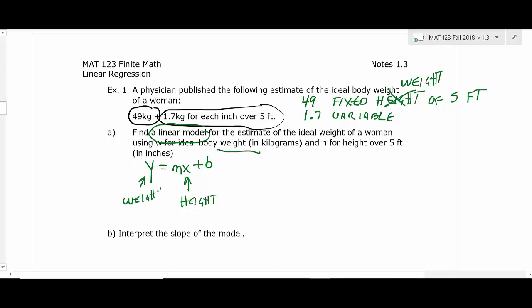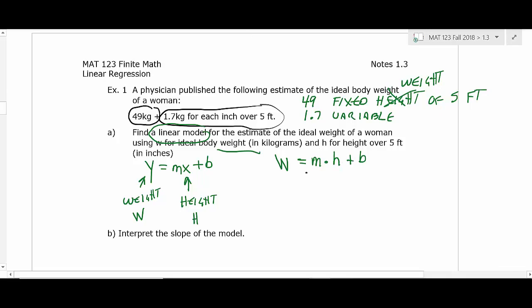So what we would have for our equation is w, the ideal weight, equals m times h, lowercase, and then plus b. Okay, so that's what that means.